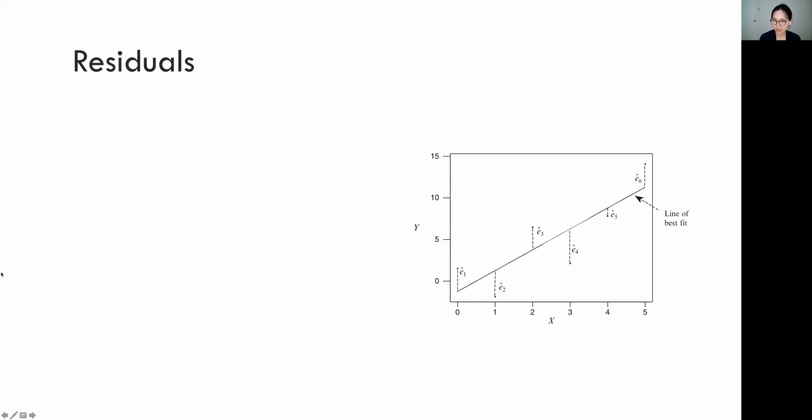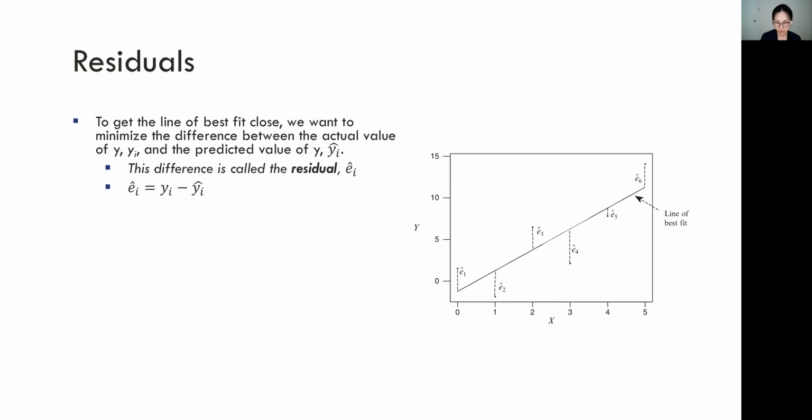Okay, I will show you with this little example how we get the best fit. Here we have 6 data points, and I have labeled the residual, ei hat.